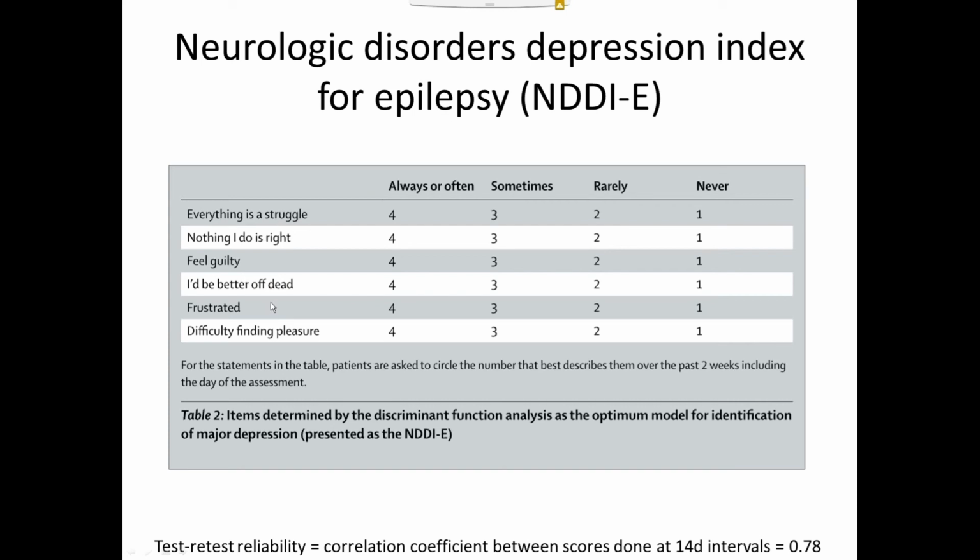For those of you who have not seen it, it's pretty easy to use and pretty easy to administer. There's a 4-point ordinal scale and 6 questions, and they relate to the symptoms occurring over the past 2 weeks, including the day of assessment.